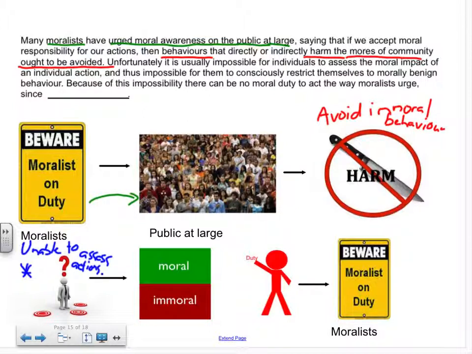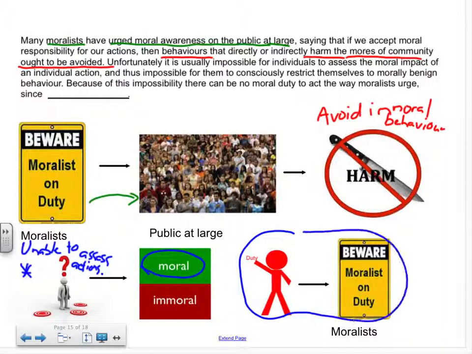And thus impossible for them to consciously restrict themselves to morally benign behavior. So it's hard for us to determine what actions are moral. Because of this impossibility, there can be no moral duty to act the way moralists urge. So, in other words, it's hard for us to act the way the moralists want us to.